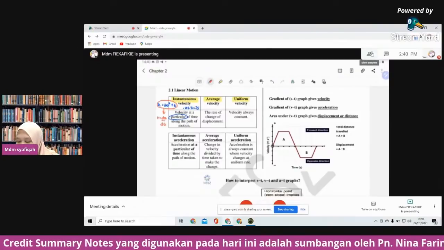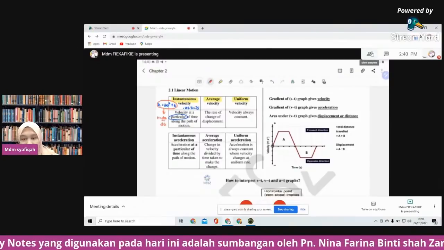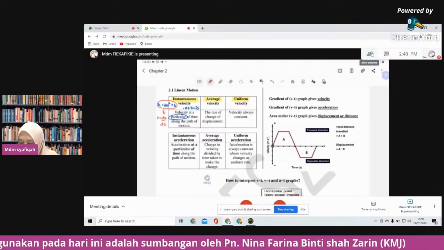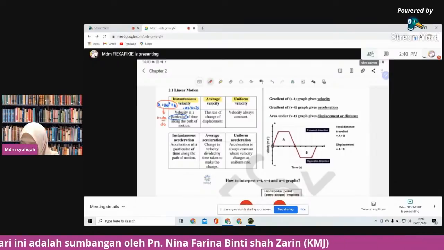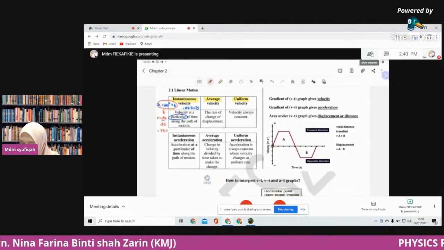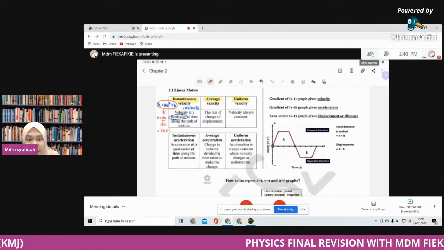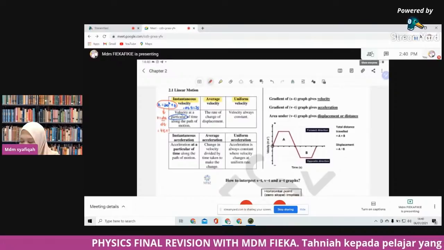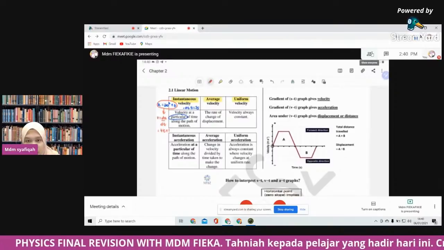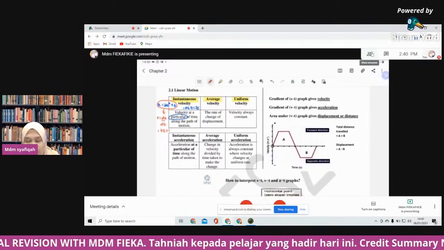Okay, so for the average velocity, you must know what it is. Tadi instantaneous velocity, if we differentiate the equation, we have 4t plus 1. So bila kita cerita pasal instantaneous velocity at a particular time, you need to substitute t equal to 2 seconds. And how about average velocity? The rate change of displacement.